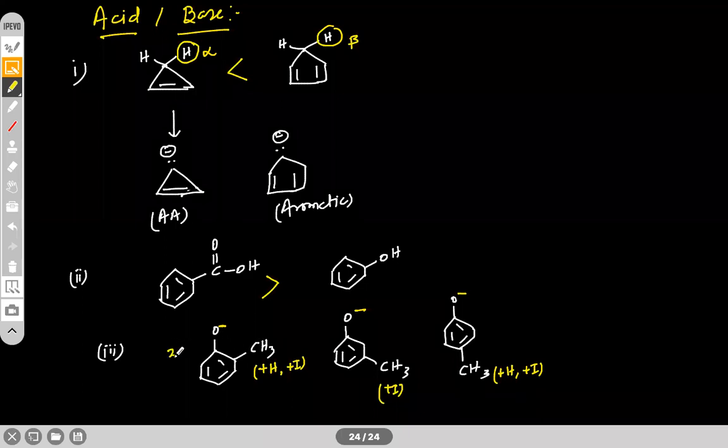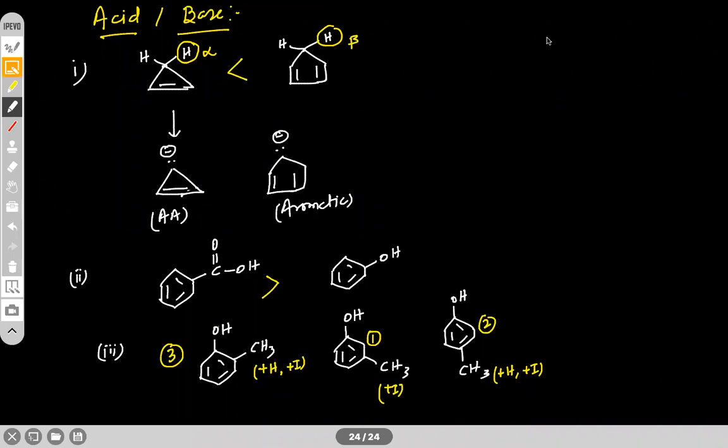This one is least stable, 3. This is 2. And this is the most stable, we have 1. Hence the acidity order is also this. Same as the stability order, and the middle one is the most acidic compound. Did you get it? Yes.